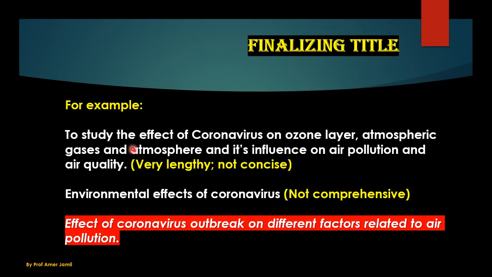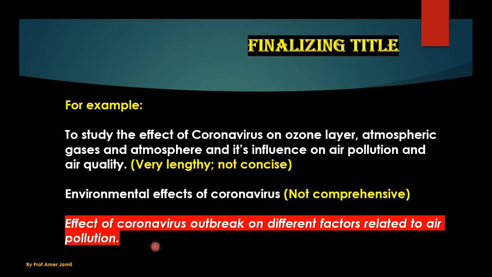For example, here is one title: to study the effect of coronavirus on ozone layer, atmospheric gases and atmosphere, and its influence on air pollution and air quality. This is very lengthy and not concise, and this will give a bad impression on the reviewer. On the other hand, if you narrow it down just to environmental effects of coronavirus, this is not comprehensive and it looks like the title of a book.